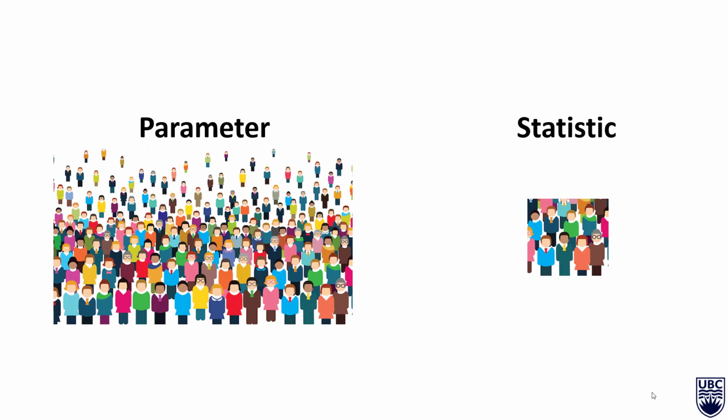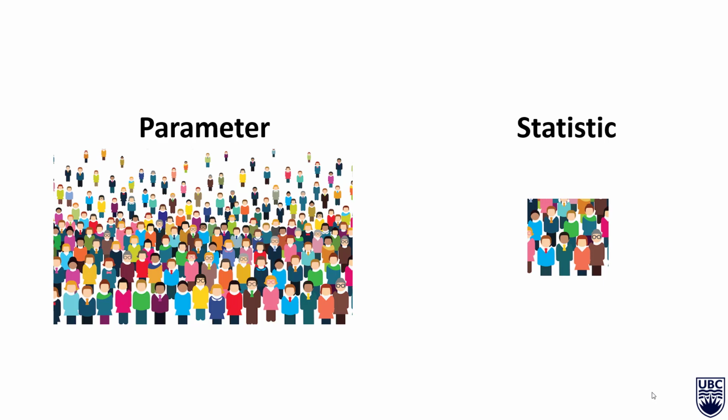But usually we don't have enough resources, or we don't have enough time or money to measure every single person in a population. So what we do is we take a sample from the population, and we usually get the sample in a randomized fashion. So we just randomly pick people from the population, and this is depicted on the right. So we take a sample and we measure the dependent variable, so our variable of interest. And the numbers that we get from that sample is called a statistic.